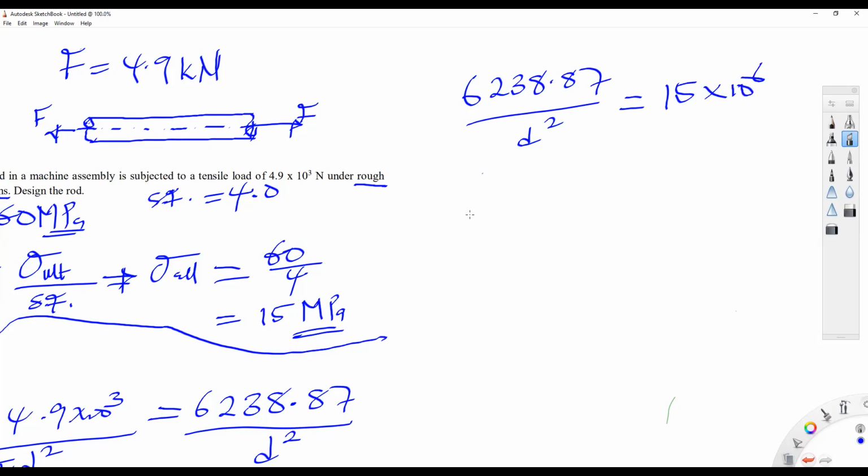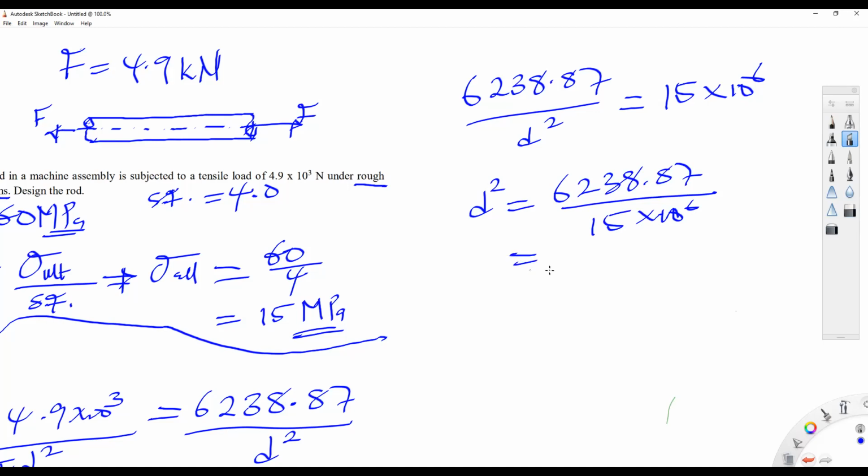So we can say that d square is 6238.87 divided by 15 times 10 exponent 6. So what is the value?